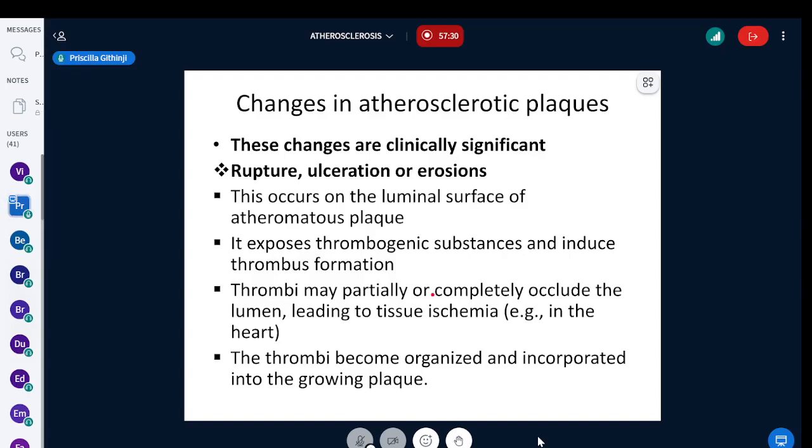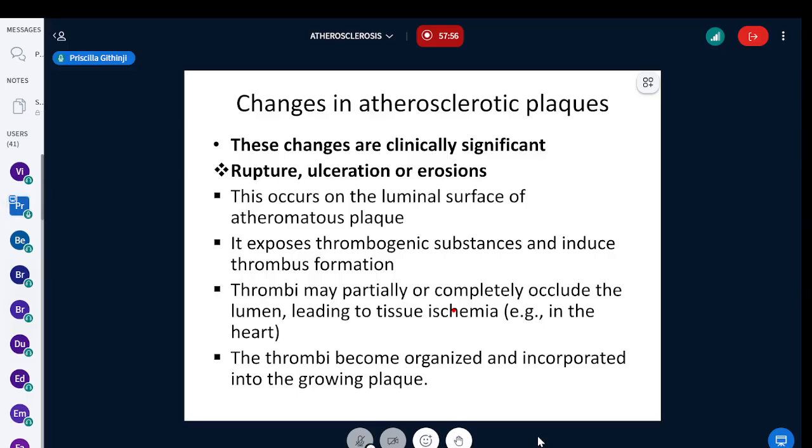So this clot may partially or completely occlude the lumen, leading to tissue ischemia. So let's say you have an atheroma of a coronary artery, then that atheroma ruptures. So you end up having occlusion of a coronary artery, and that is what is going to lead to a myocardial infarction, or what we call a heart attack.